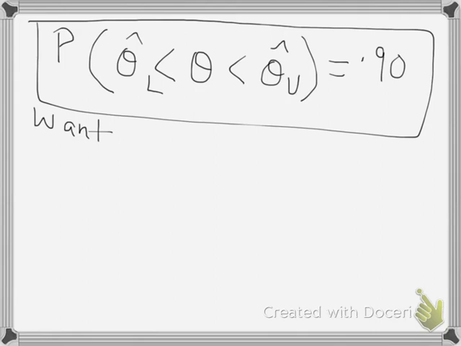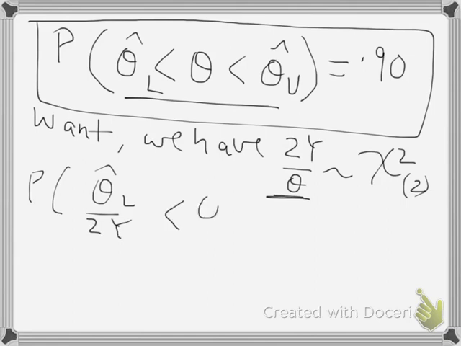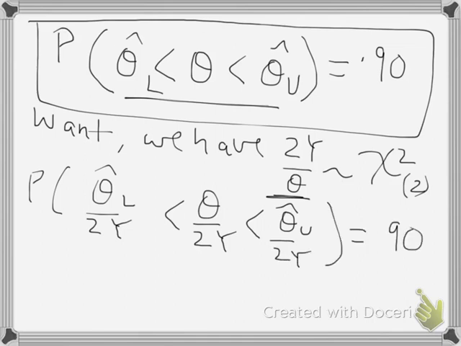What we have is 2y over theta follows chi-square with 2 degrees of freedom, right? So I have to somehow rearrange the terms to come to 2y over theta. So that's what we do by doing a little math. I need to introduce 2y, so I divide everything over 2y, and it is equal to 0.90, because the probability doesn't change with the change of scale or translation.